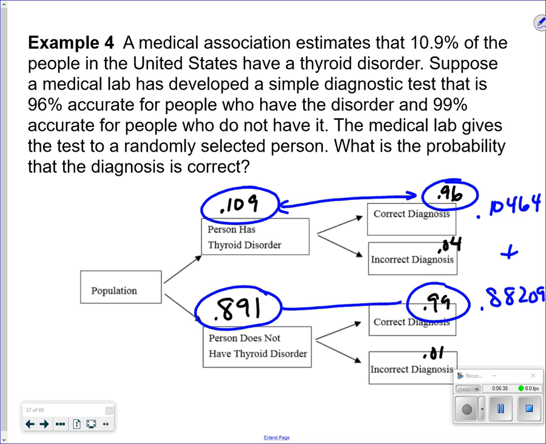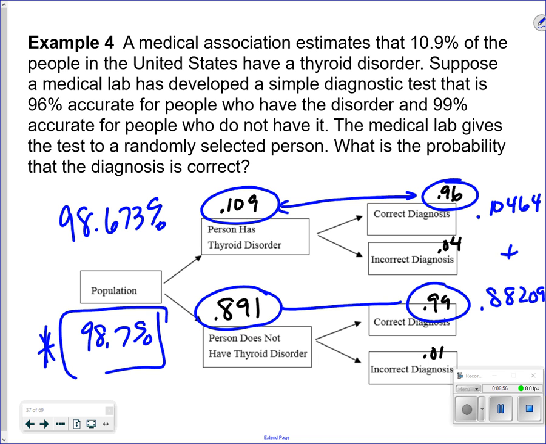Because that is an or situation, you would add those two together. And so it's 0.98673, or if you want to write it as a percentage, 98.7% correct. So whether I have the disorder or whether I don't have the disorder, it's got a 98.7% accuracy.